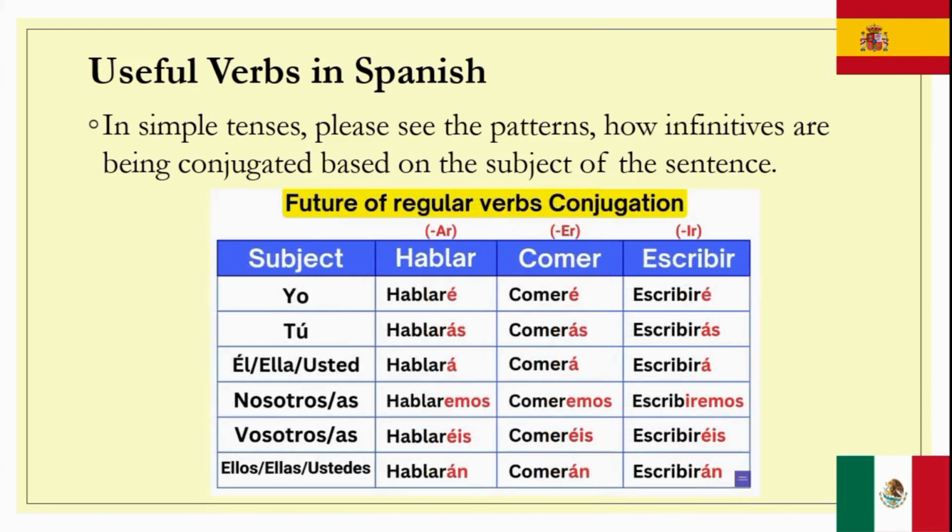Then, of course, also the future of regular verb conjugation. There's also an accent mark, but the construction is different. We have yo, hablaré, comeré, escribiré, tú, hablarás, comerás, escribirás, él, ella, usted hablará, comerá, escribirá, nosotros, nosotras hablaremos, comeremos, escribiremos, vosotros, vosotras hablaréis, comeréis, escribiréis, ellos, ellas, ustedes hablarán, comerán, escribirán.